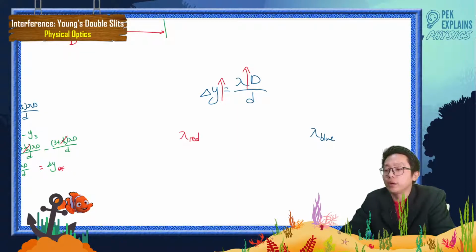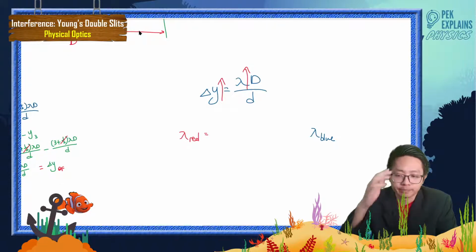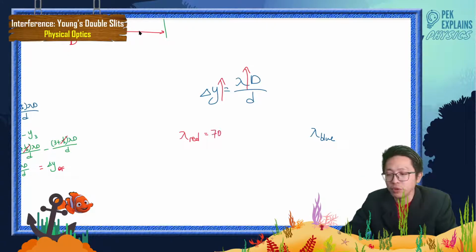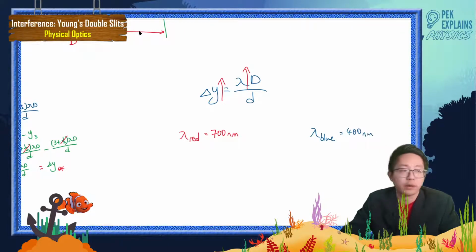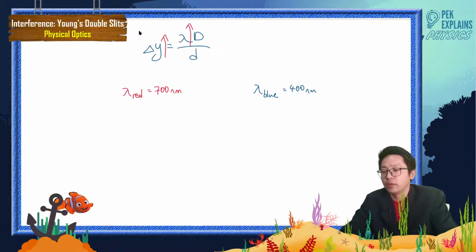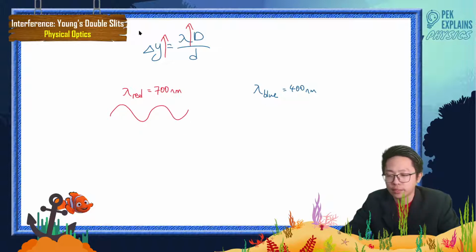We know that the wavelength of red is bigger, normally about 700 nanometers. For blue it is almost 400 nanometers. So red light has a longer wavelength, but the blue one has a smaller wavelength.